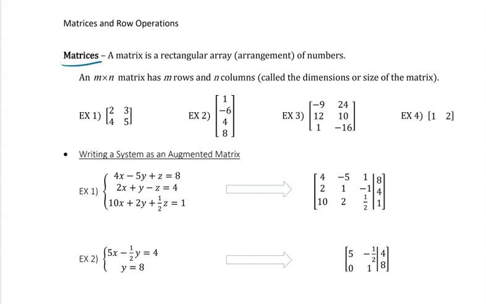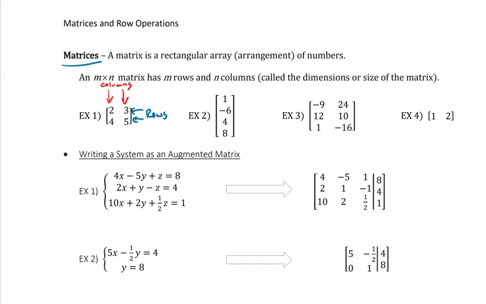As you can see, they have rows and they have columns. So these are rows, these are columns. The things inside of the matrix are called elements.